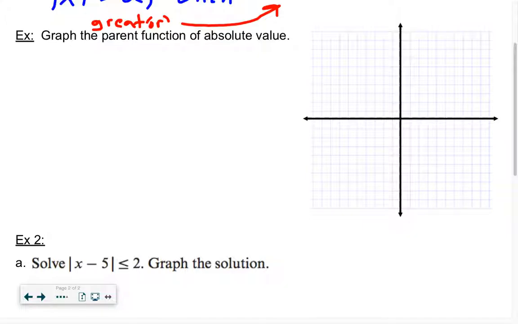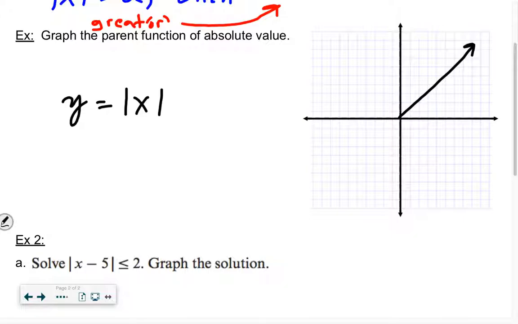Real quick, let's just look at the parent function of the absolute value. Parent function just means the most basic form. If you're talking about linear equations, the most basic linear equation is y is equal to x. The most basic quadratic is y is equal to x squared. The most basic absolute value function is just the absolute value itself. And if we created our table, it starts off going to the right, just like a linear equation with the slope of 1 going through the origin.